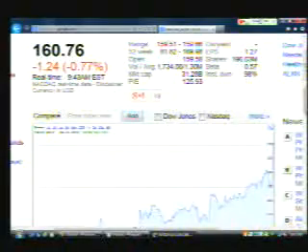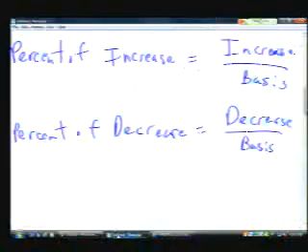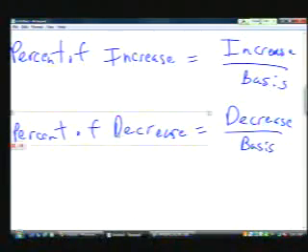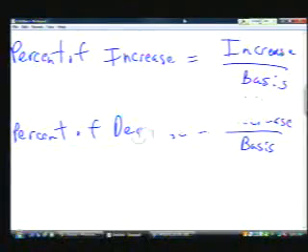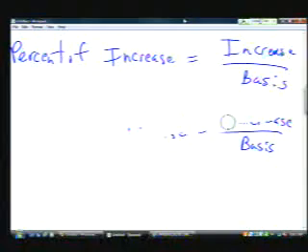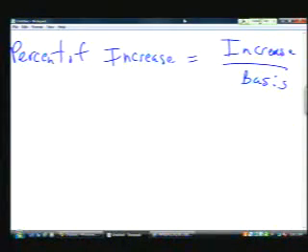So let's go back to here, and we're going to do percent of increase on Alexion Pharmaceutical. Now, hopefully, you wrote those things down that I told you. If you didn't, write them down now.